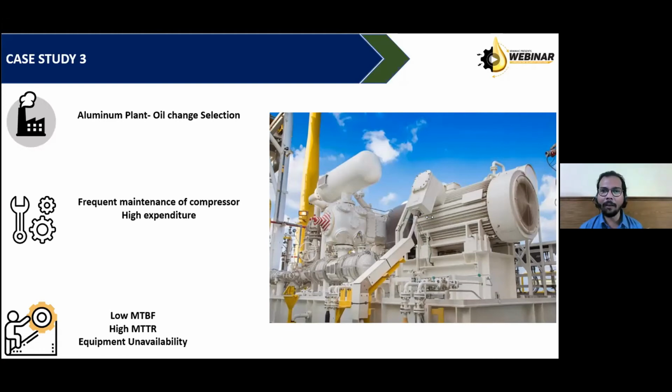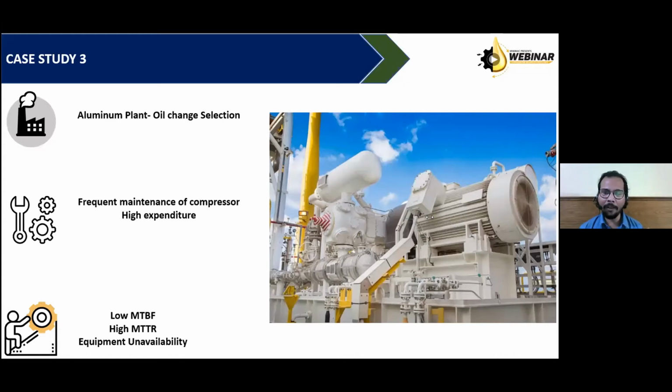But when we come to the aluminum industry, the atmospheric air has a very, very high fume concentration. The air sucked into the compressor has fumes with certain chemical properties, and those were damaging the mineral oil fast, deteriorating the oil property.